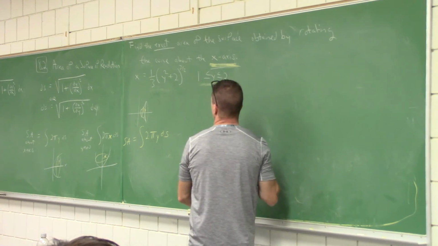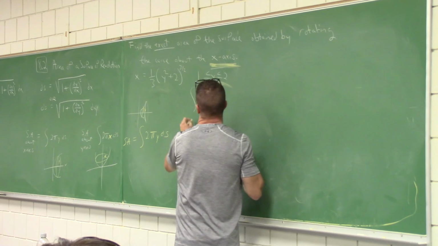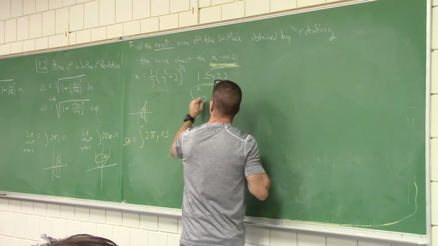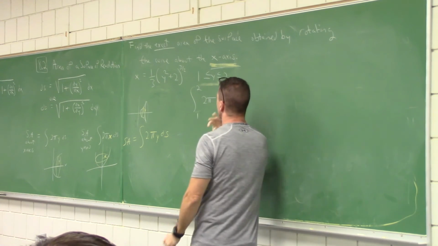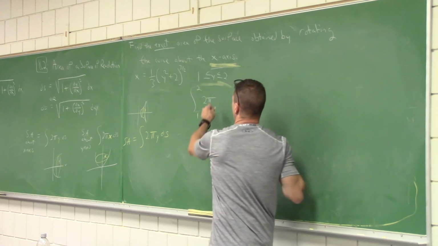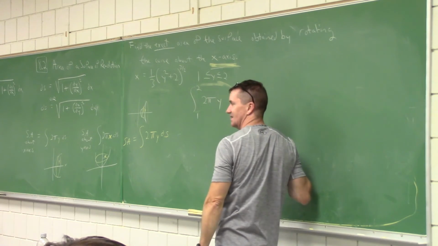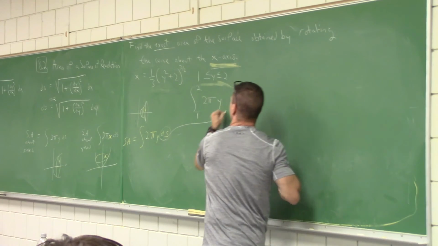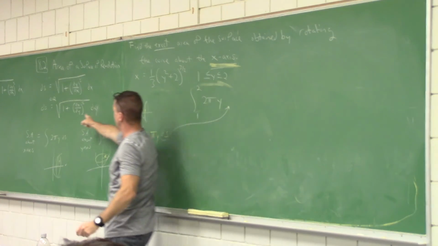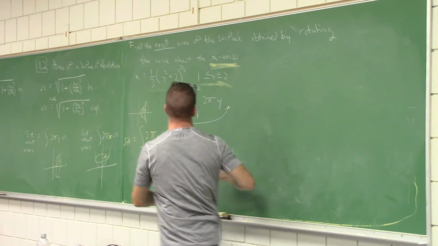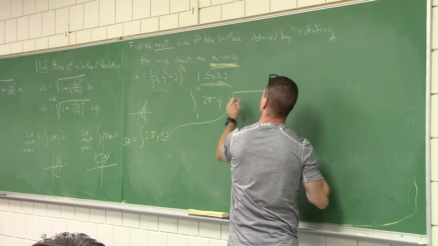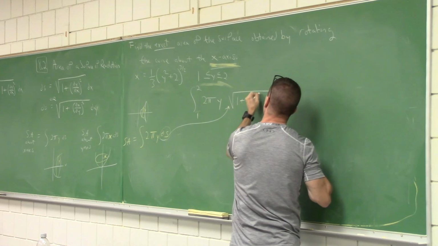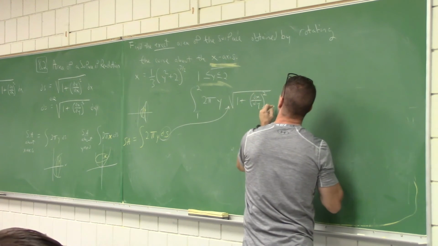So I agree with Connor, and I'm thinking, let's go from y equals 2 to y equals 1. 2 pi, letter y, and what am I putting here? The square root of 1 plus dx dy squared, dy.